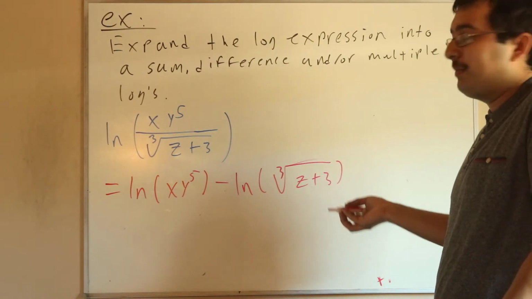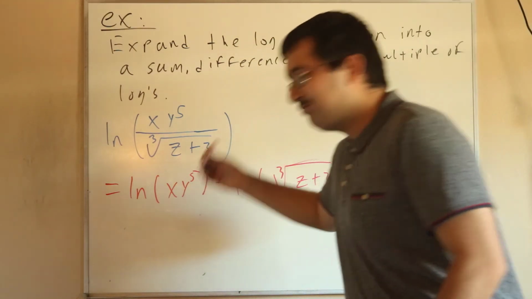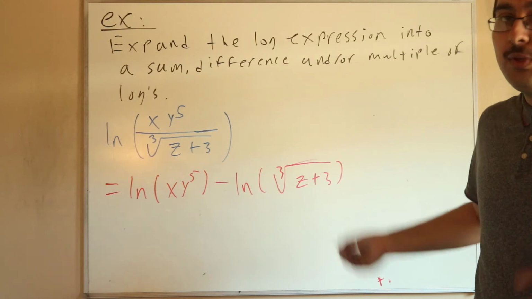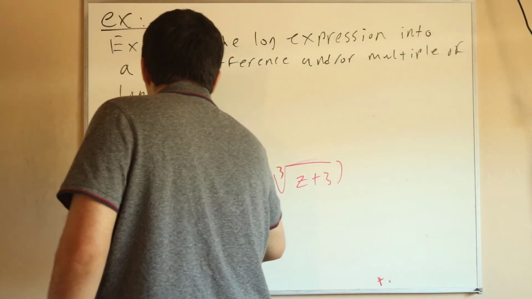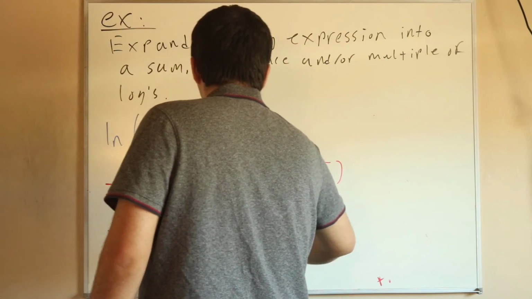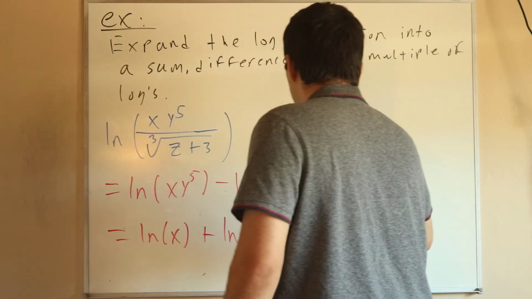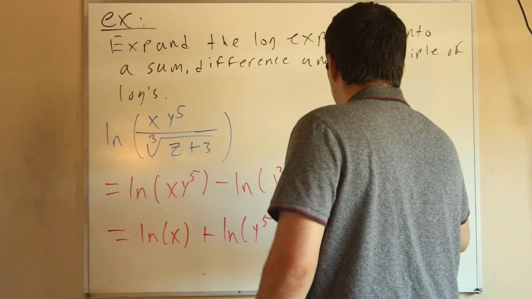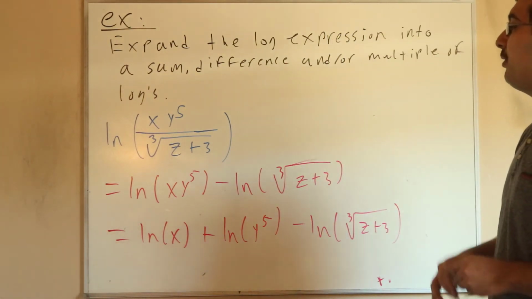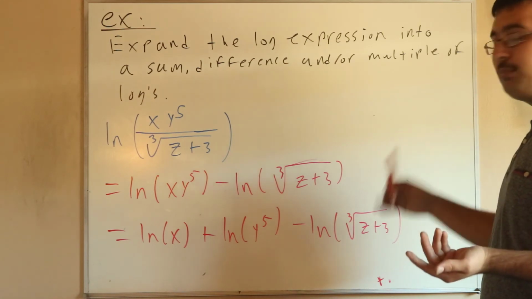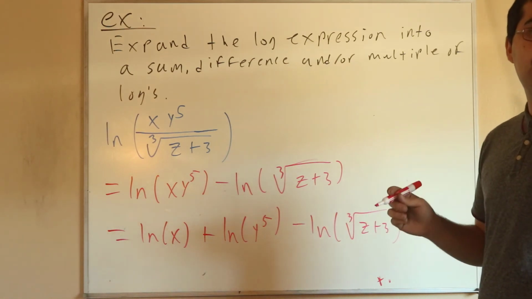Alright, from here I have a multiplication inside my logarithm, so let's use the product property. I get ln of x plus ln of y to the 5th, minus ln of the cube root of z plus 3. An important thing to note is that we're not actually done with the problem just yet.